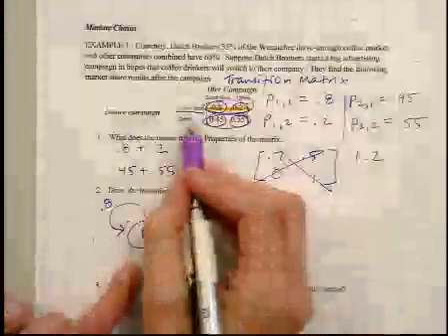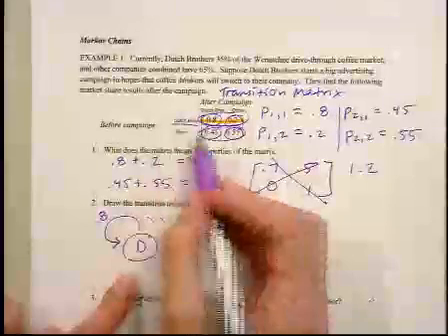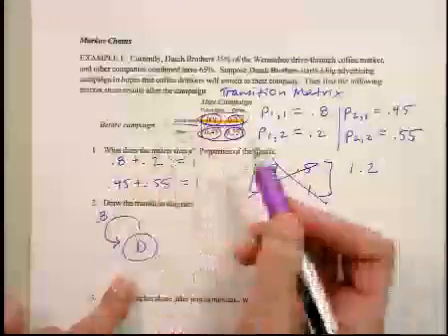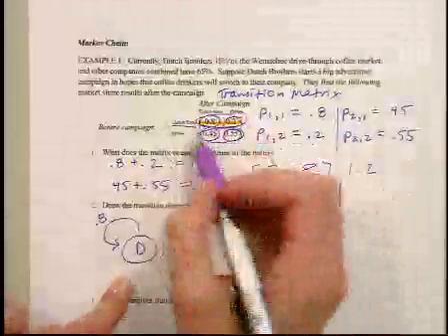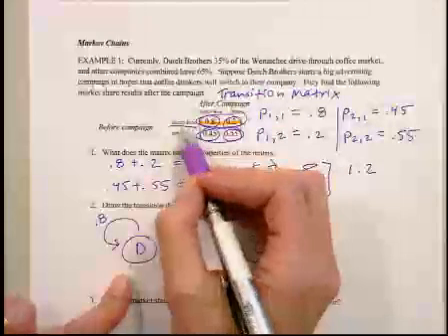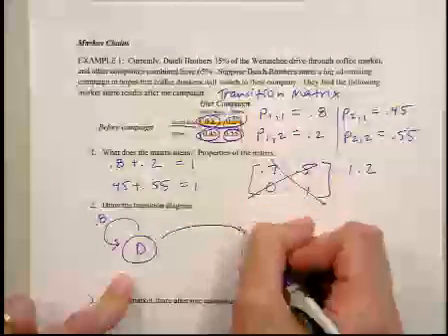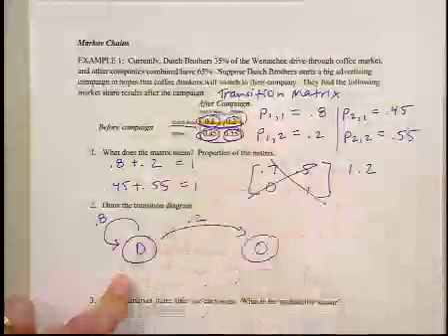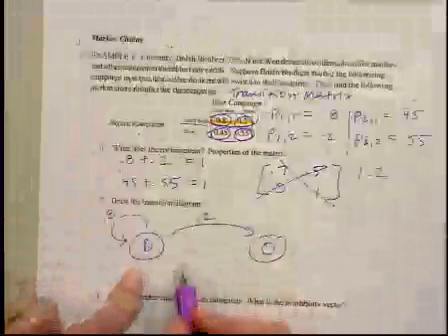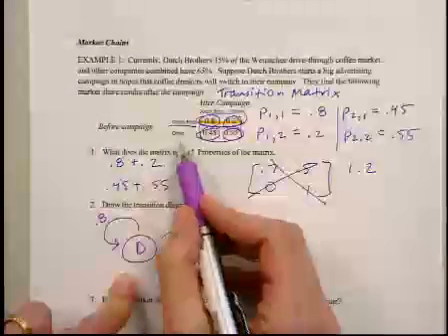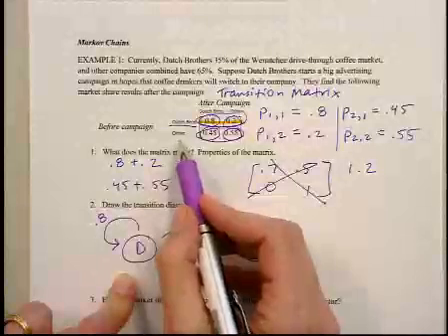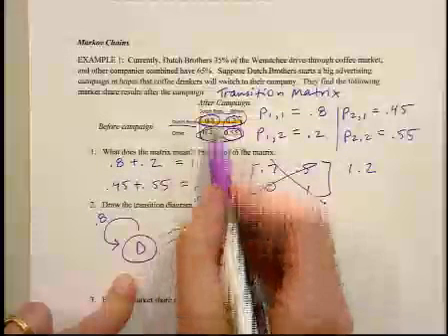Of the people that went to Dutch Brothers last time, there's lots of people who do this. They just go to whichever one's convenient, right? So this isn't necessarily bad. Of the people that went to Dutch Brothers last time, 0.2 are going to go somewhere else next time, whether because of convenience or whatever other reason. Our other group, 0.45 are going to go to Dutch Brothers next.